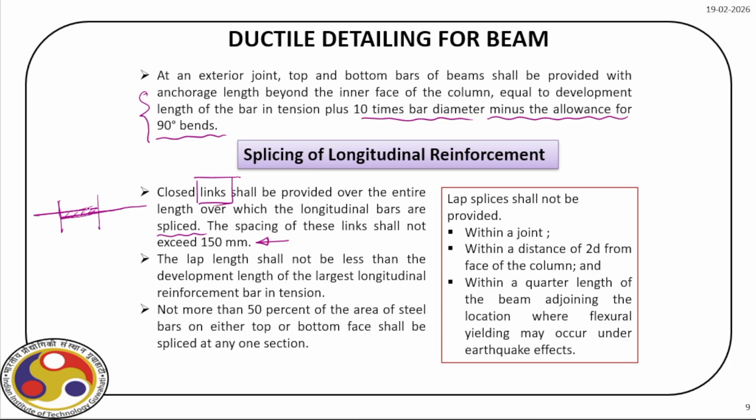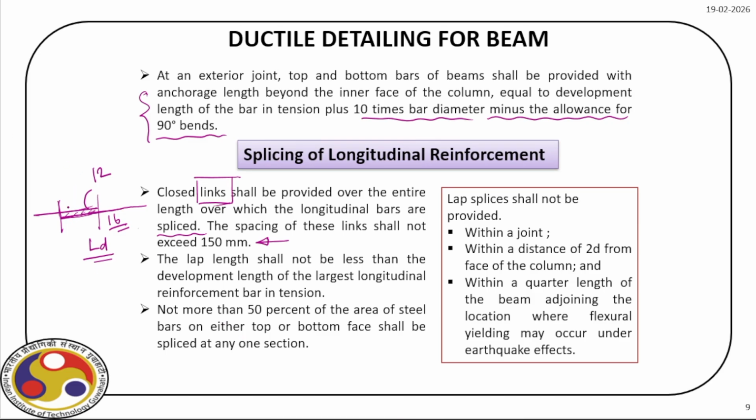So here, if you have, say, a bar of 12 diameter and another of 16, the largest diameter bar will dictate the development length, and we should have a lap length which is more than this development length. Recall, sometimes we use connectors also to connect the bars, right?